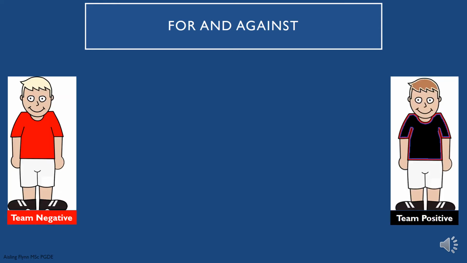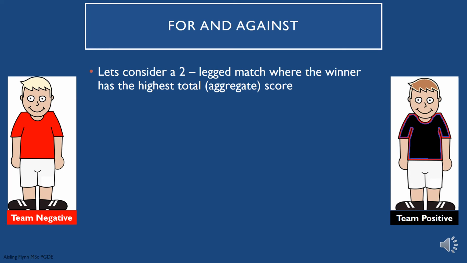For and against again. So let's consider a two-legged match. So home and away, where the winner has the highest total or aggregate score. So here we have 4 numbers. Let's say the home game, there was minus 3 plus 2. So 3 goals for negative and 2 for positive. And the away game was minus 1 plus 5.